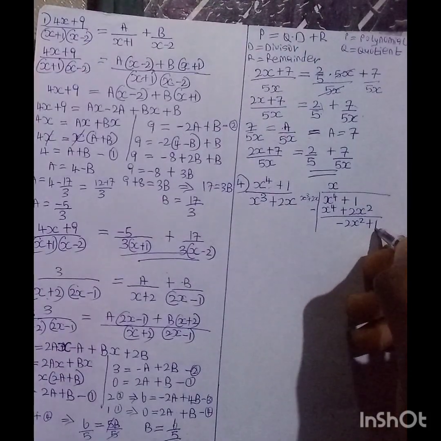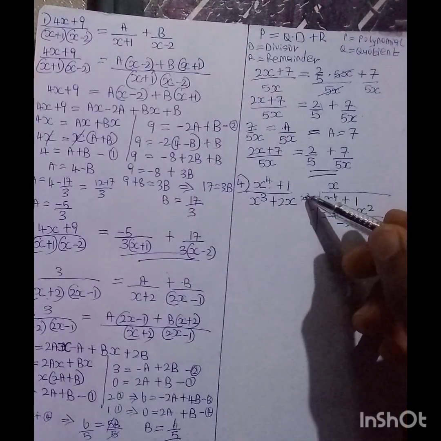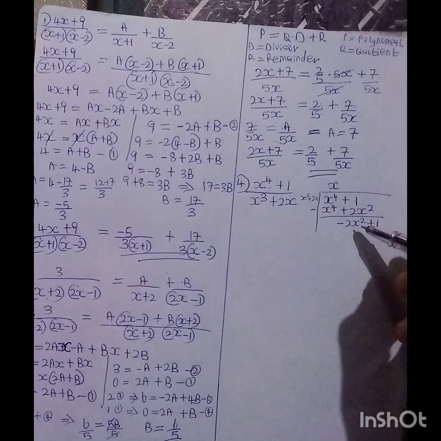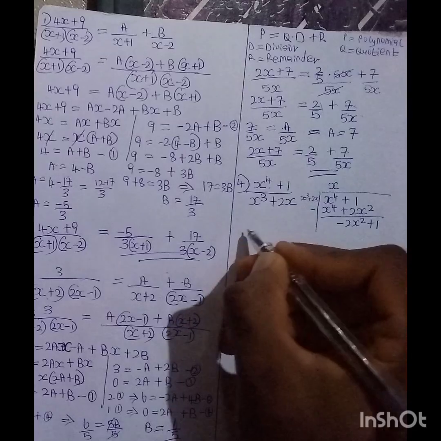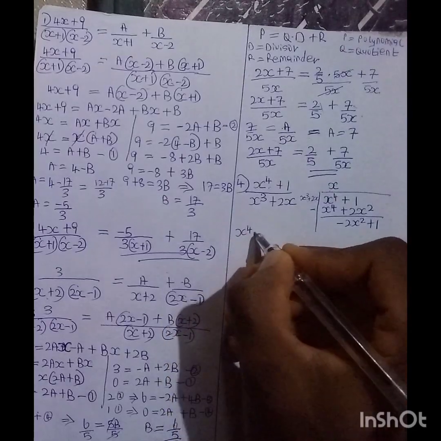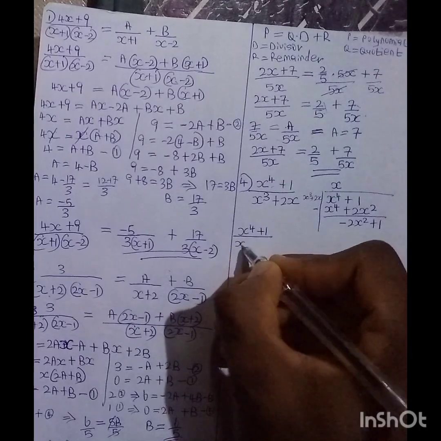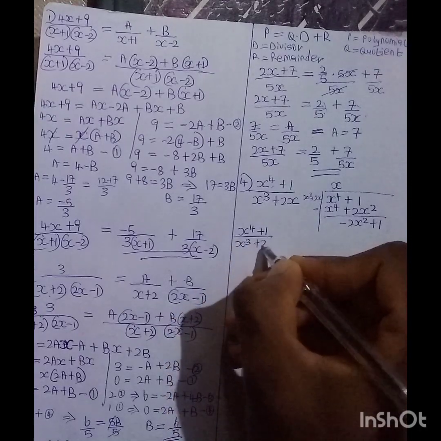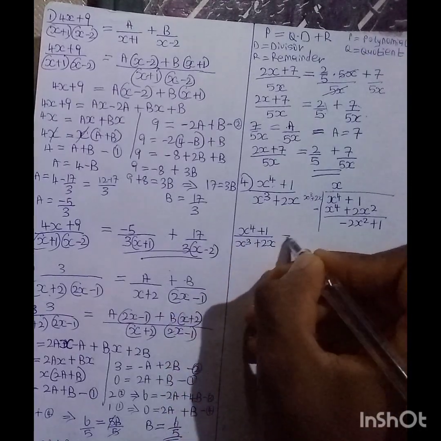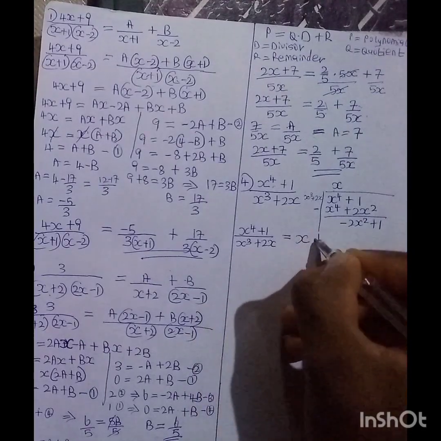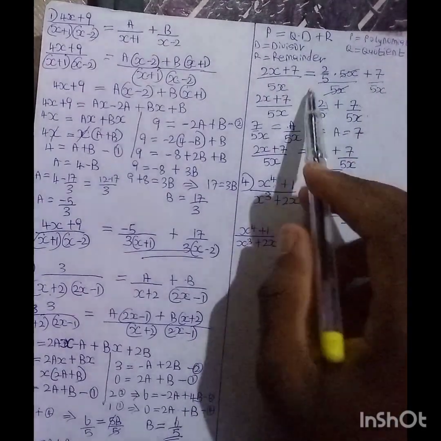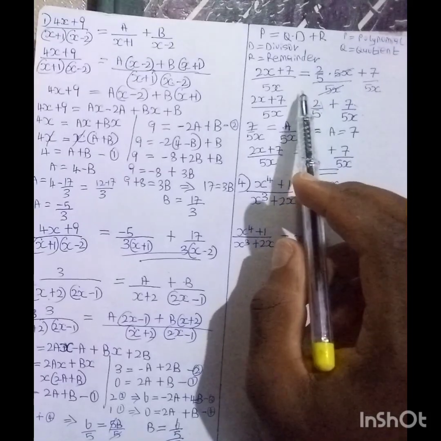So we continue further because this one is of greater power than this one. So x to the 4 plus 1 over x cube plus 2x will give us x. That's this one. The same method we use here, same principle.